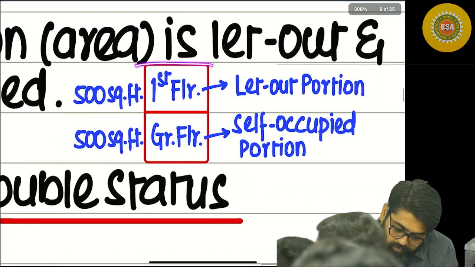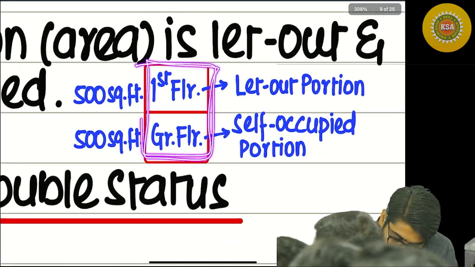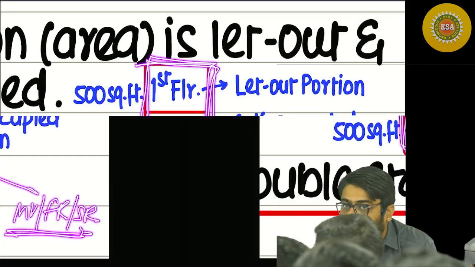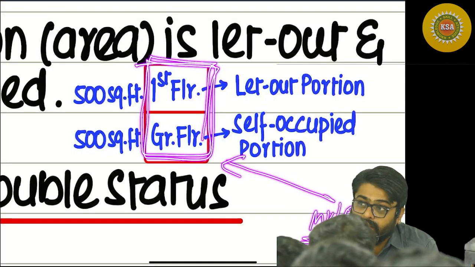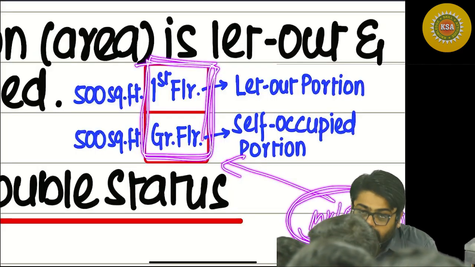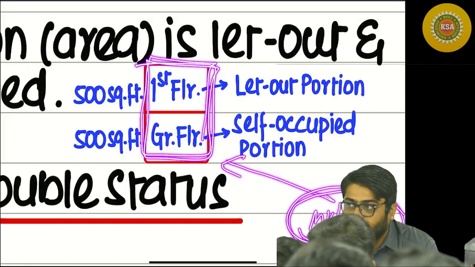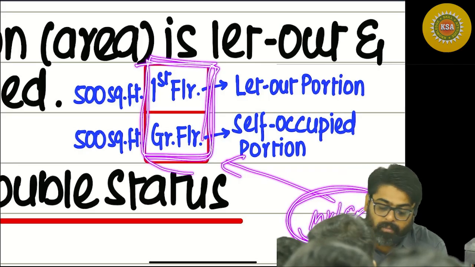Now see, do you have this property, the full property? So the municipal value, fair rent, standard rent for the full property is given. If you take this amount and calculate the annual value, don't you think that the annual value will be for the full property?